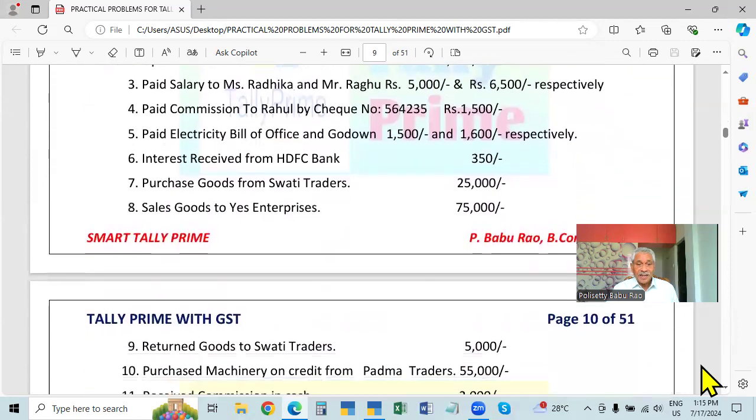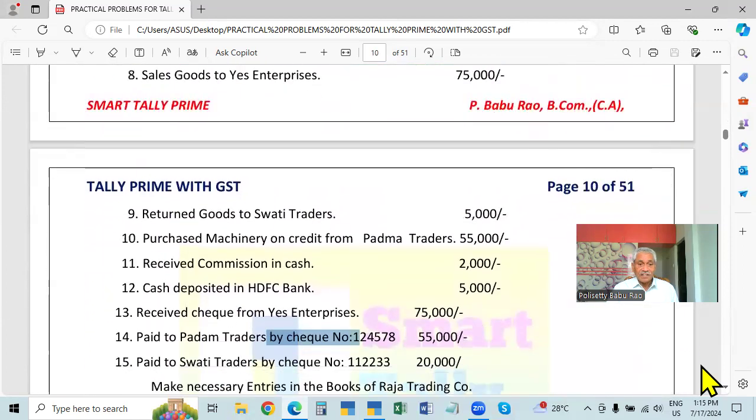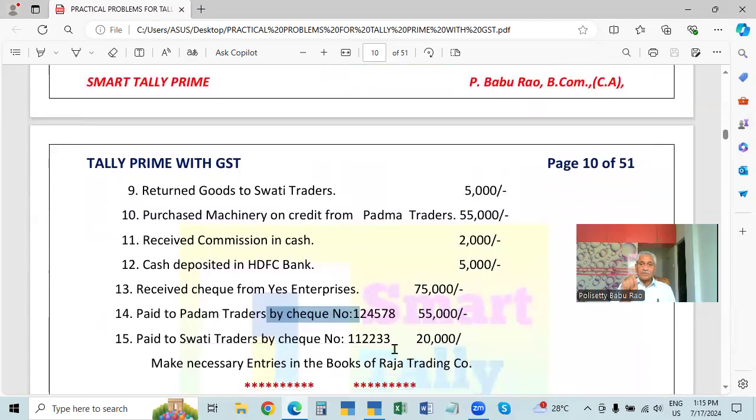This is the first page, and this is the next page. These are the transactions. You pause this and try. So with this I'm stopping. You now know how to record all the transactions in different vouchers. This is only simple accounts without any goods or taxes. Next we will start with inventory also.